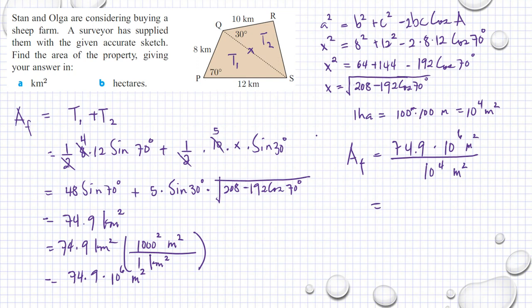That is 74.9 times 100, 10 raised to 2. That's 7,490 hectares.